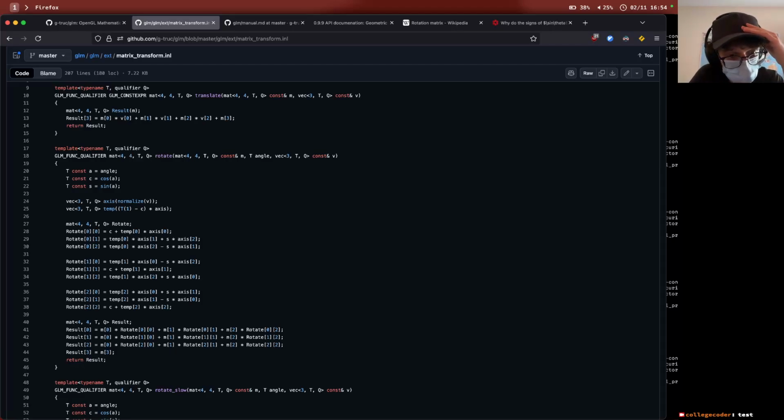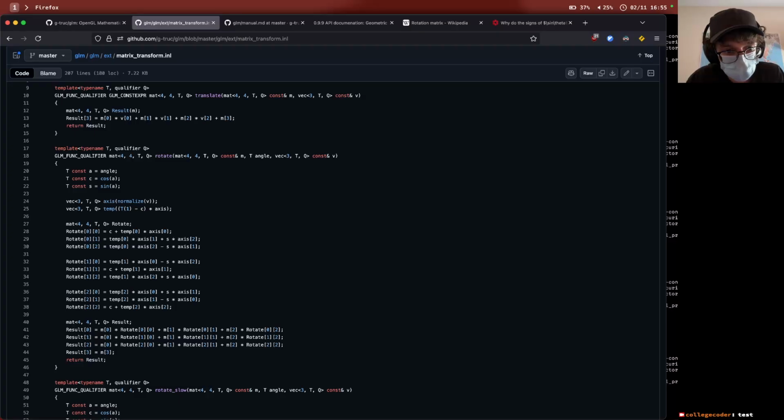We then have the rotate matrix, which basically takes, alright, so I believe matrices have the brackets operator. It's not the brackets operator, but the indexing operator, I think it was. Basically the brackets are overloaded so that instead of following row major order, they follow column major order in GLM, because GLSL follows column major order.